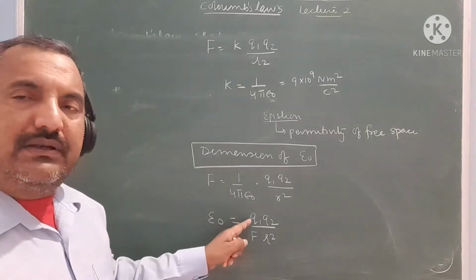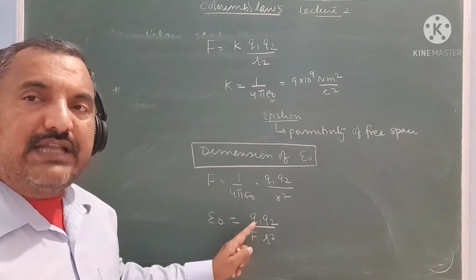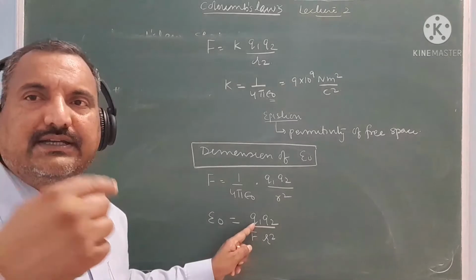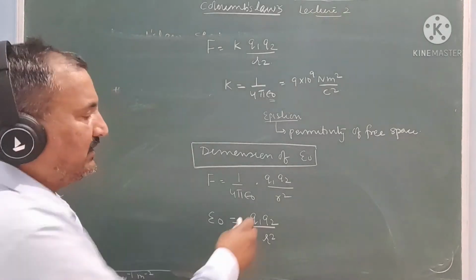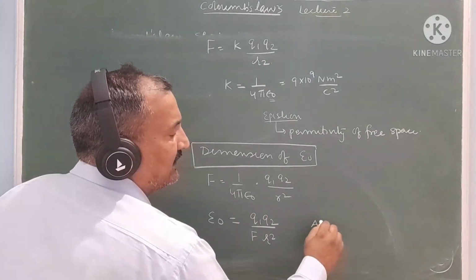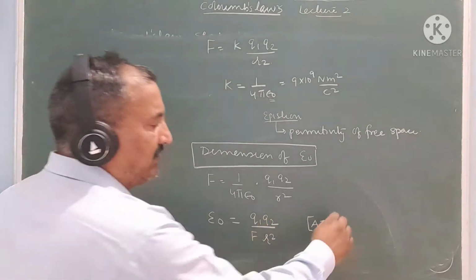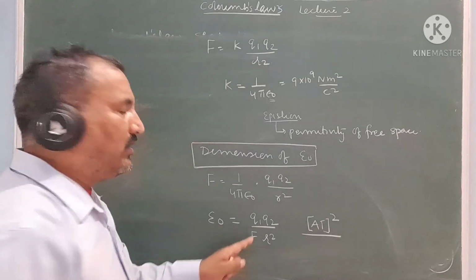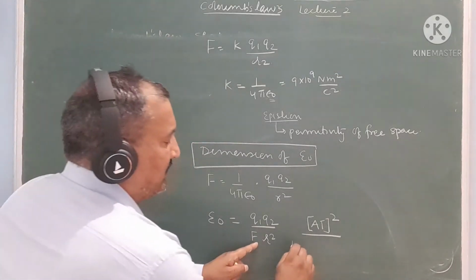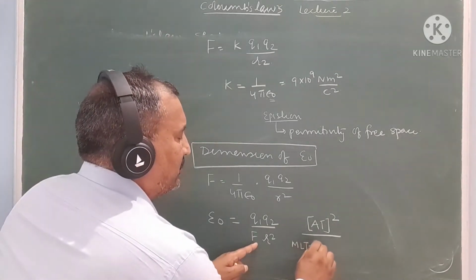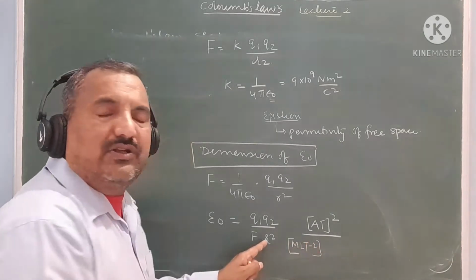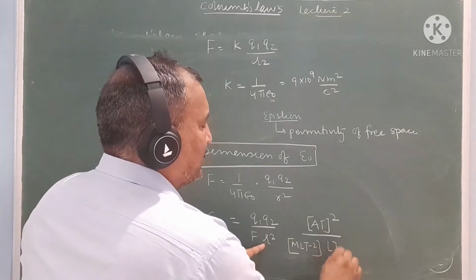Now it has become simple. What is the dimension of charge? We studied yesterday in the previous class, we can write AT. Two charges are there, make it square. What is the dimension of force? That is M L T minus 2. And what is the dimension of distance? That is L square.